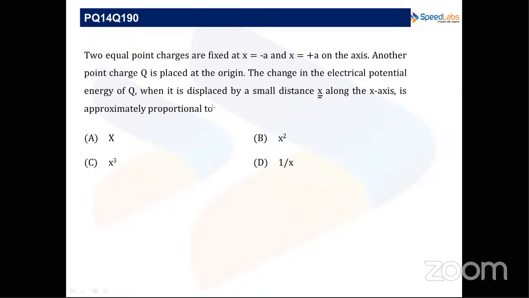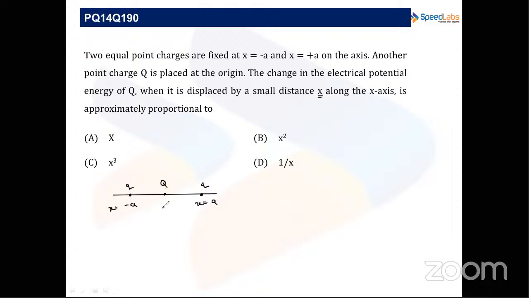So basically question is saying ki on axis, see we have already kept a point charge over here, so that is capital Q, and there are like two equal charges, so I'm assuming them to be small q and small q. They are kept at x is equal to minus a and x is equal to plus a.